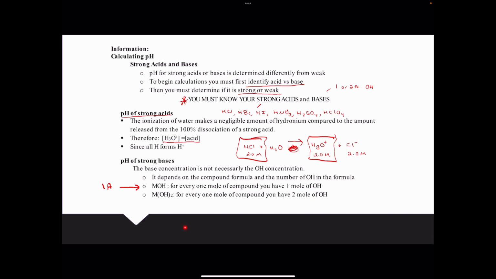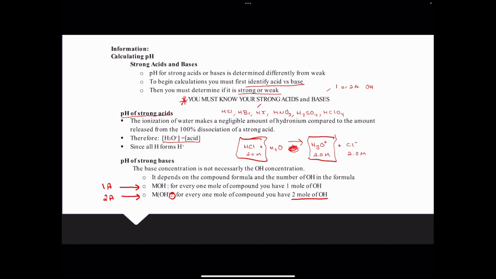So when that dissociates, for every 1 mole of compound we have, we've got 1 hydroxide, so we get 1 mole of hydroxide. The other possibility is we could have a group 2A cation, which is going to have the formula M(OH)2. So for every 1 molecule of that compound, we're actually producing 2 hydroxides. And that's going to impact our concentration.